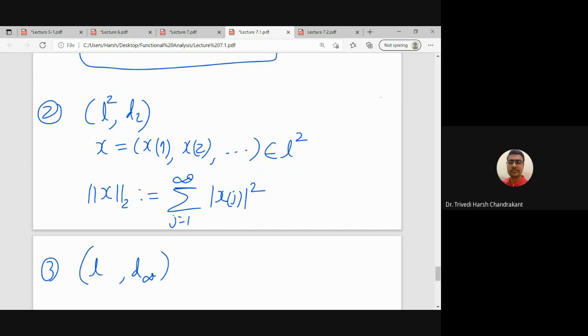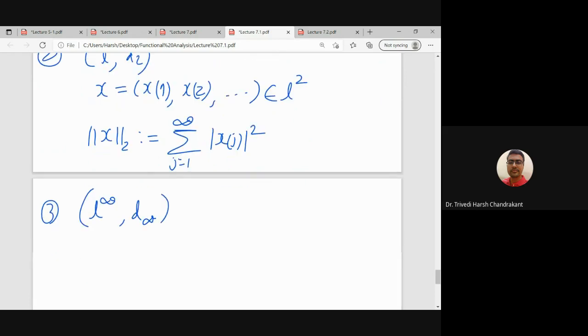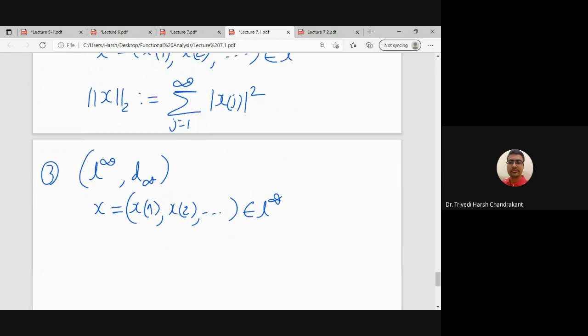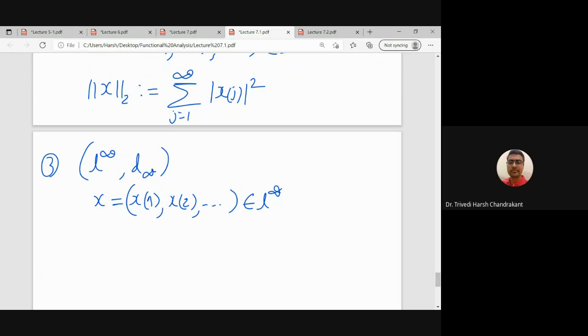So if you take any element in L infinity, that means basically its supremum is finite, supremum of modulus is finite.